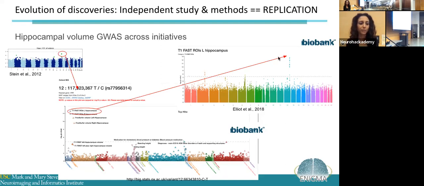So if 5 times 10 to the -8 is the genome-wide threshold for one test in the UK Biobank alone, and I want to say this was like the first 8,000 samples of the UK Biobank, it looks like the P is 5 times 10 to the -13th or something.